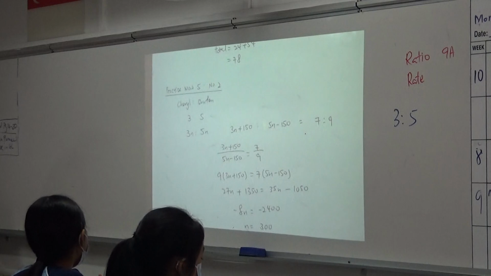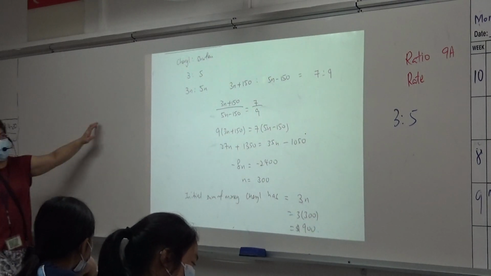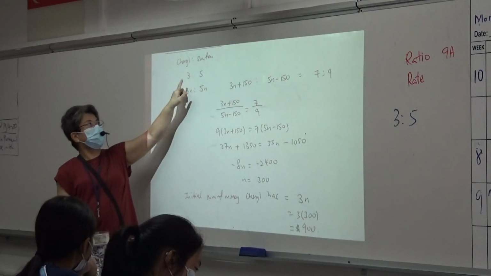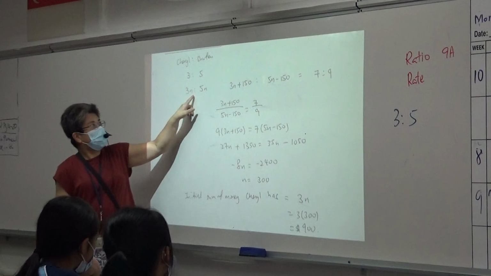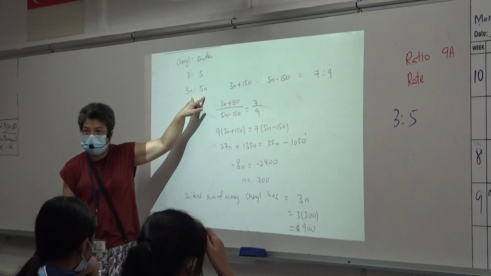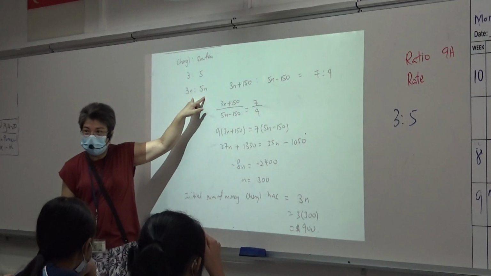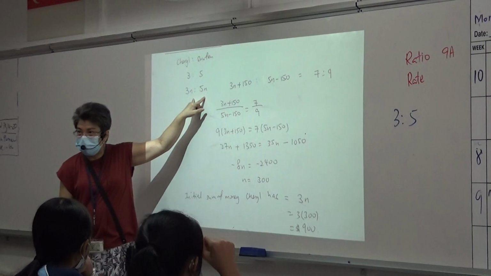Don't copy, I'll let you have time. Do you agree initially Cheryl is to Shu Fen is 3:5? I can times the n to get the actual amount. I must times the same amount, right? To get the actual amount of money. Am I right to say that? Yes or no?